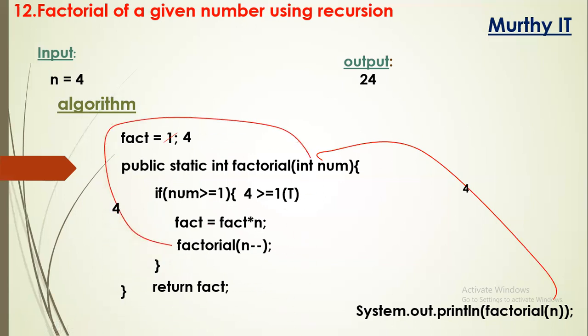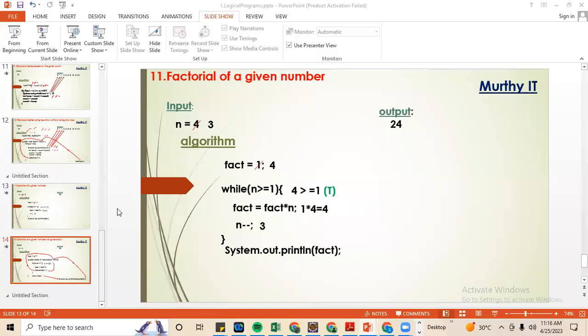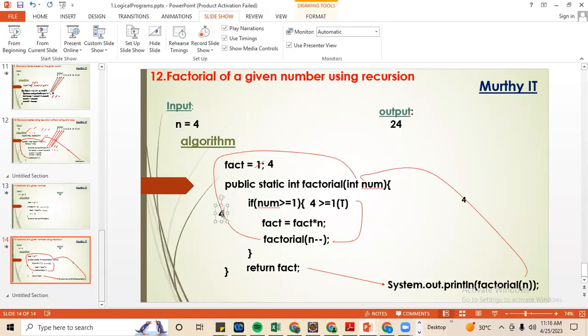Now I am calling the method with n minus 1, so the value that goes there is not 4. It is 3. Just a second, let me correct this. It will be 3, right? It will be 3.